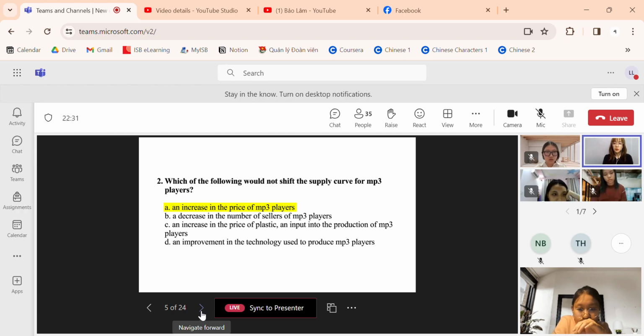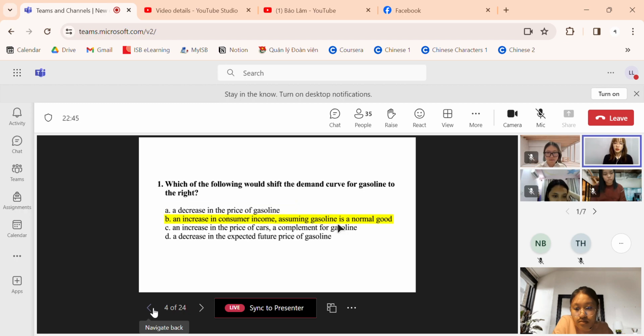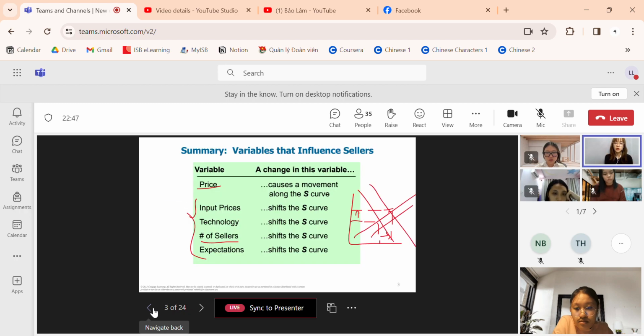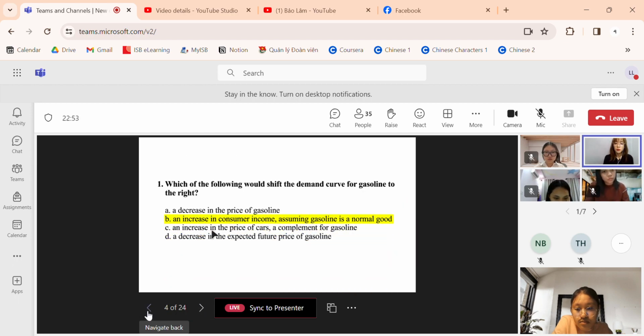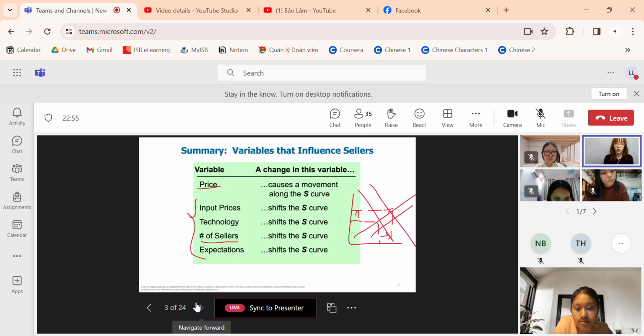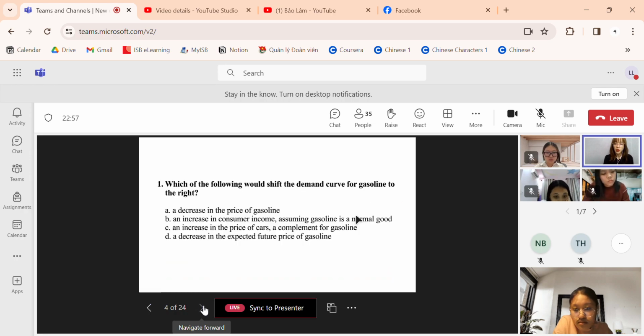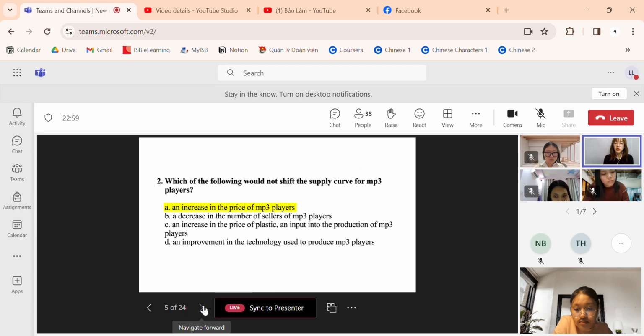Normal good simply means when your income is higher, you will demand more. Inferior goods mean when your income is lower, you will demand more. You see the difference? They are moving in different directions given the income change. If you consider gasoline to be a normal good, it means if you have a high income, you will demand more, so the demand for gasoline will shift to the right.